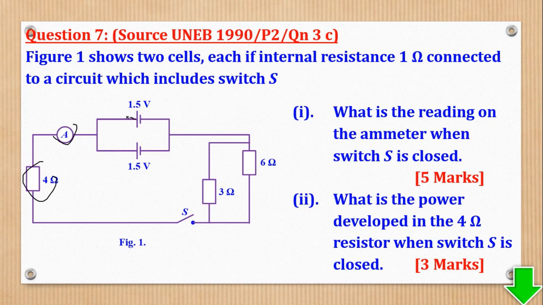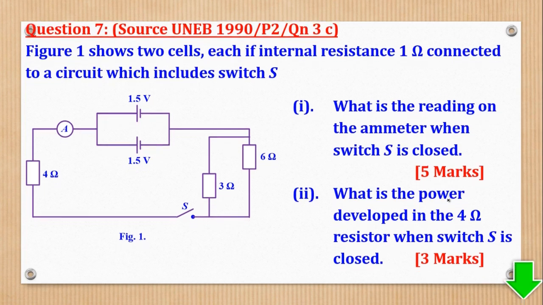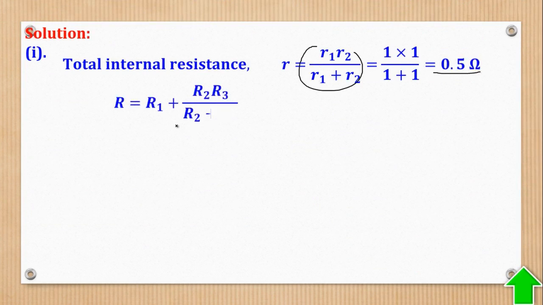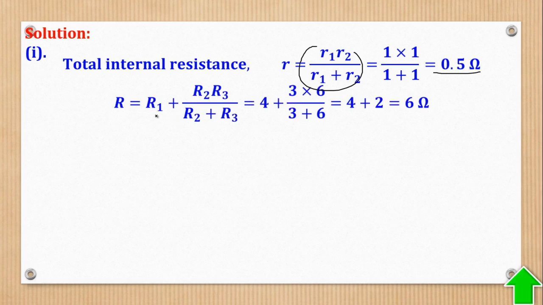So these are two cells, they are in parallel, meaning the PD is the same. But the resistance is not the same. Resistance will be got by combining the two resistances in parallel. Okay, so we shall come here and say total internal resistance is by product over sum to give you 0.5 ohm. What about external resistance?